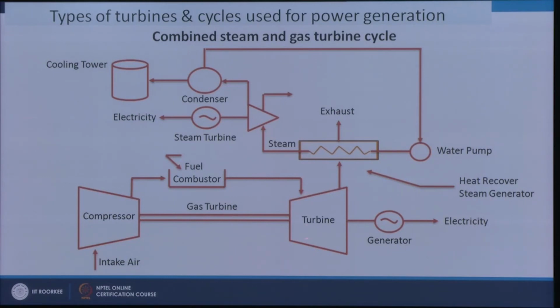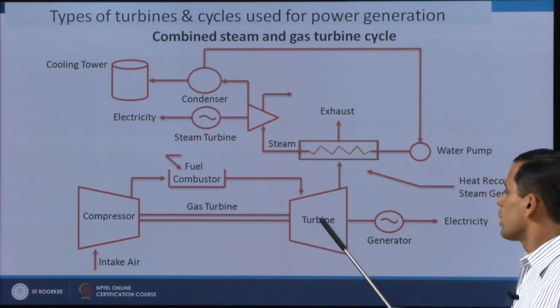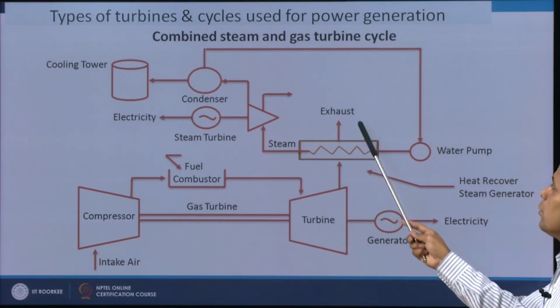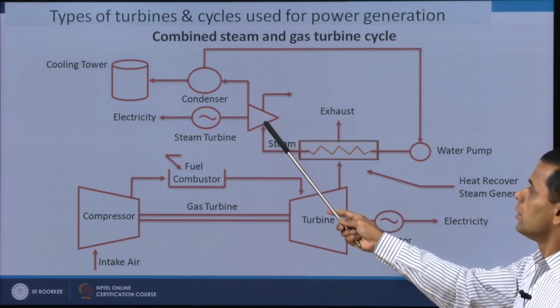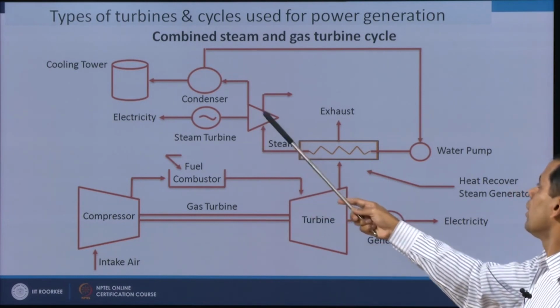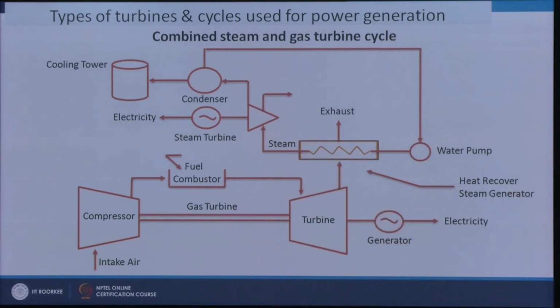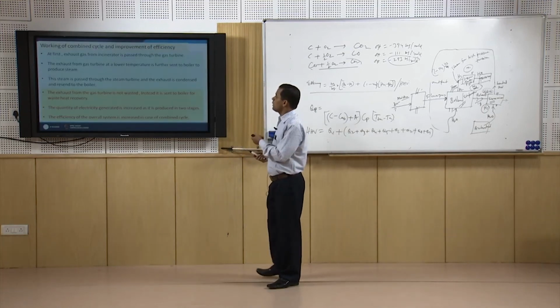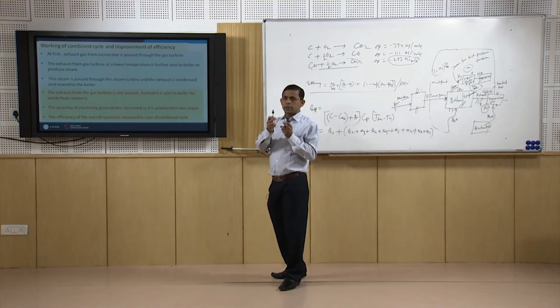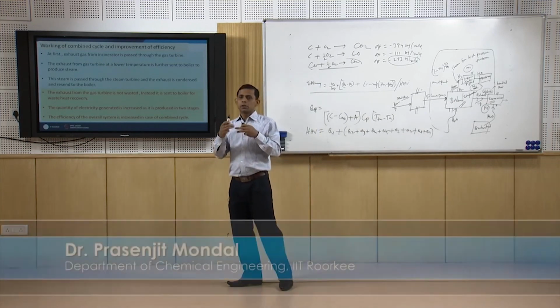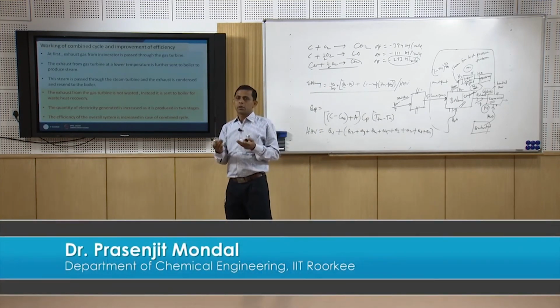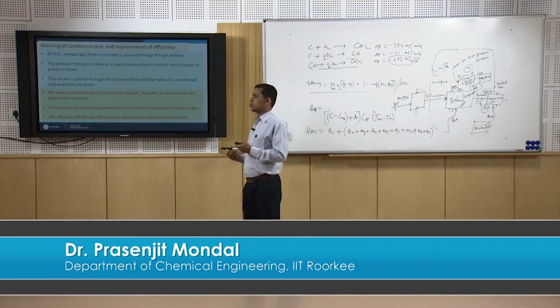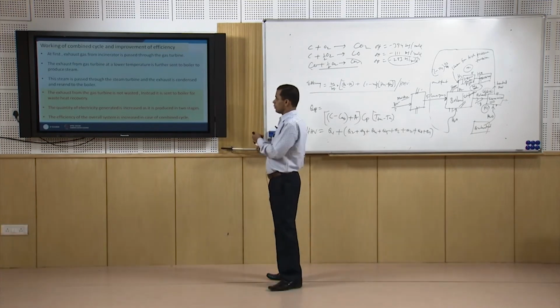The gas turbine will work first, the exhaust of the gas turbine will be used for steam generation, and then condensation will be going on. So this is the combined cycle operation, and as both types of turbines are used, the loss of heat is reduced. So efficiency is more.